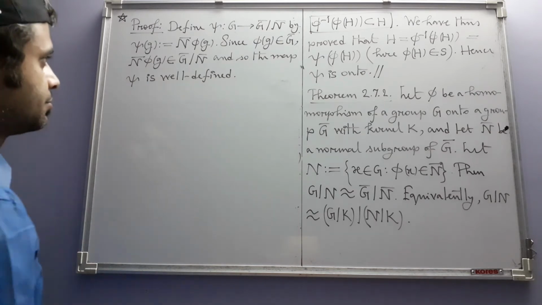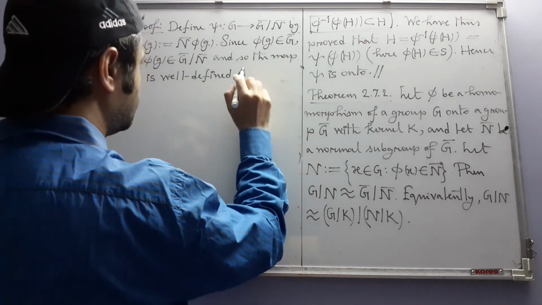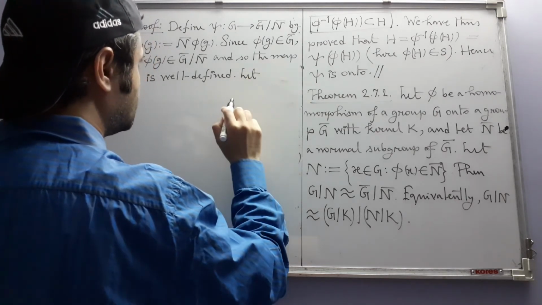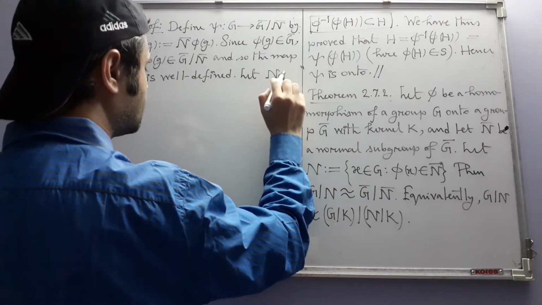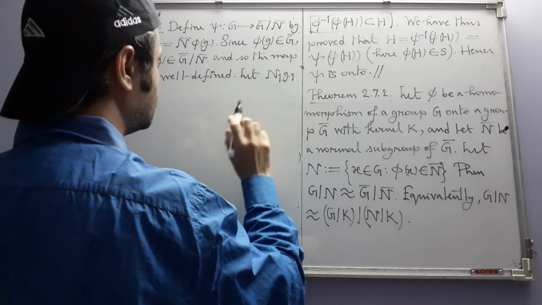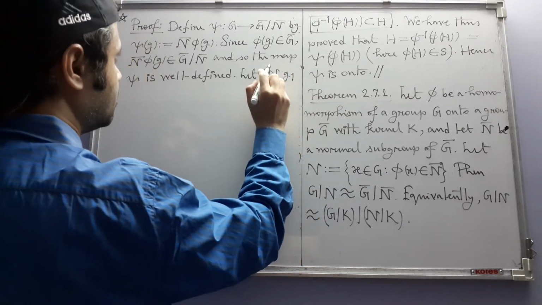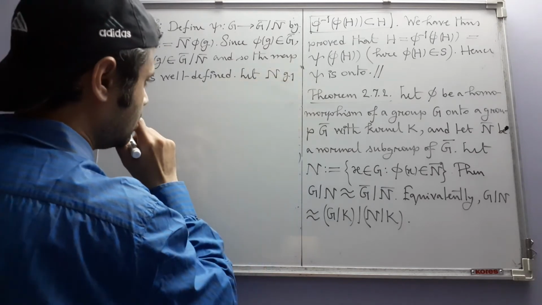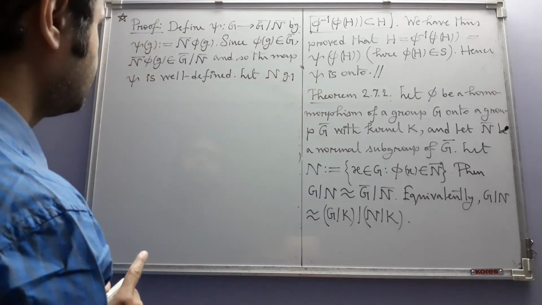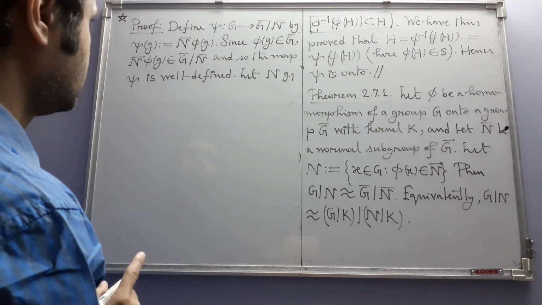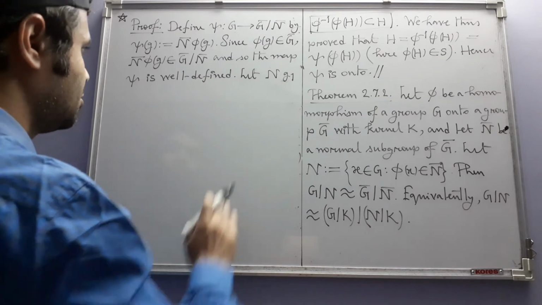Okay. Is it a homomorphism? Let's verify that. We are trying to show that the map is a homomorphism.